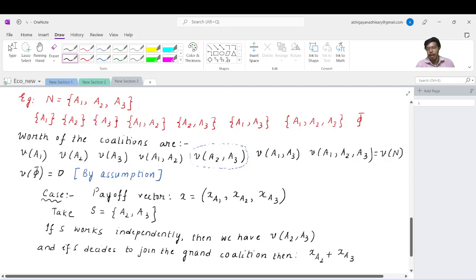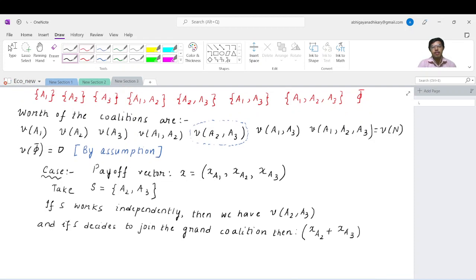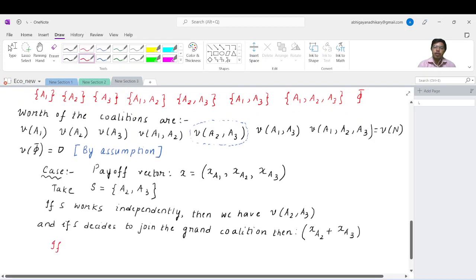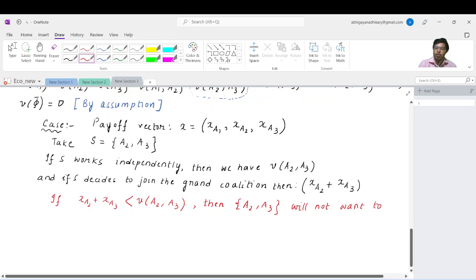So A2 and A3 together will be getting this much amount. So you can understand that if X A2 plus X A3, that means under the grand coalition what they earn together, is anyway lesser than V of A2 A3, then these two players together will not want to join the grand coalition.